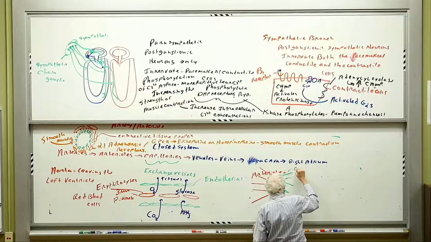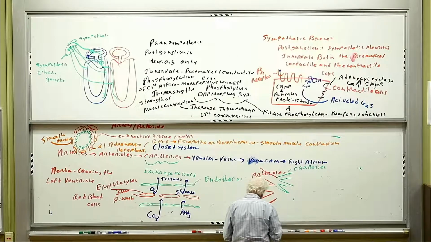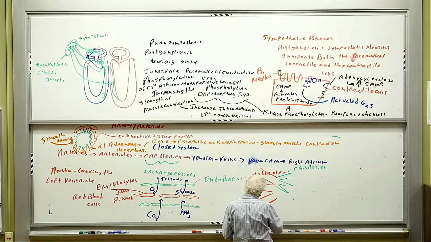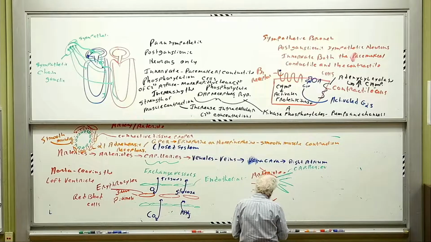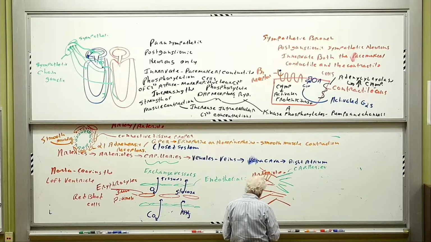So if these are the capillaries, and this is smooth muscle here, we can now shunt blood in different directions.